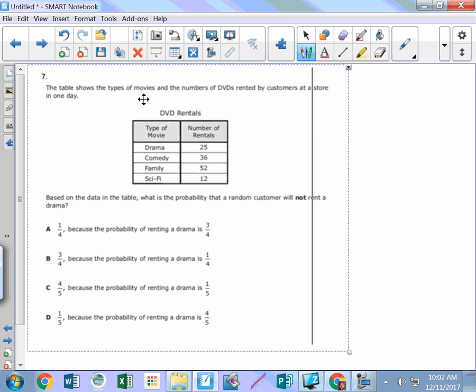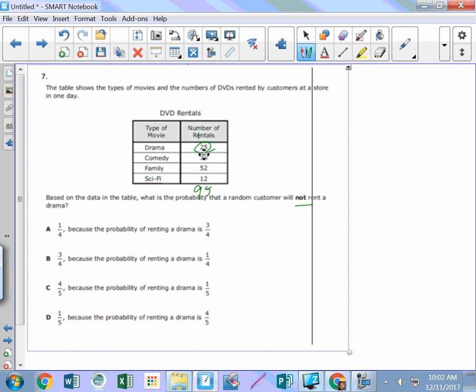7, the table shows the type of movies and the numbers of DVDs rented by customers at the store in one day. Based on the data in the table, what is the probability that a random customer will not rent a drama? So drama is 25. We need to get a total, 5, 11, 12, 13, 14, 15, carry the 1, 3, 6, 11, 95 different movies. So not a drama is everything but.